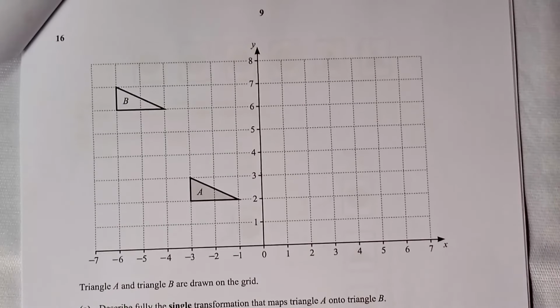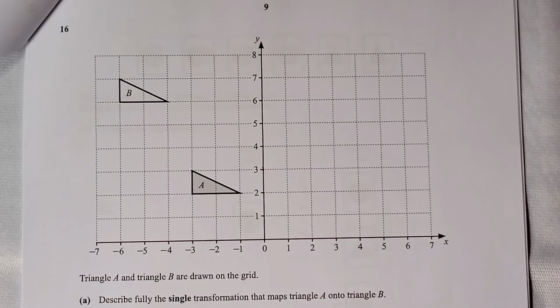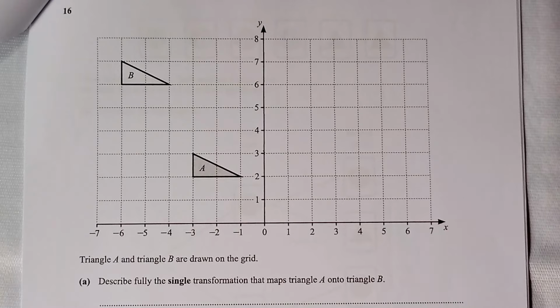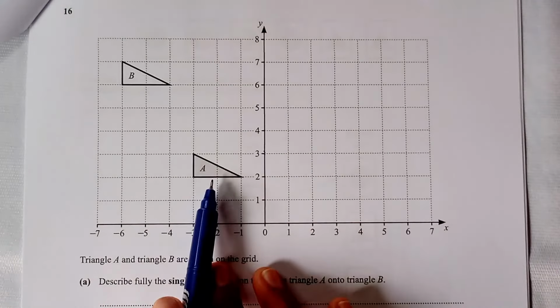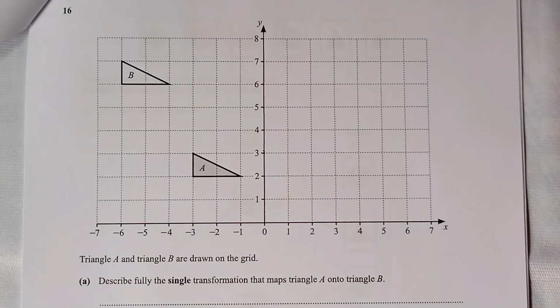Now question number 16. Triangle A and triangle B are drawn on the grid. Describe fully the single transformation that maps triangle A onto triangle B. So this is obvious that A to B, it is a translation, and how many units it is translated horizontally and vertically.